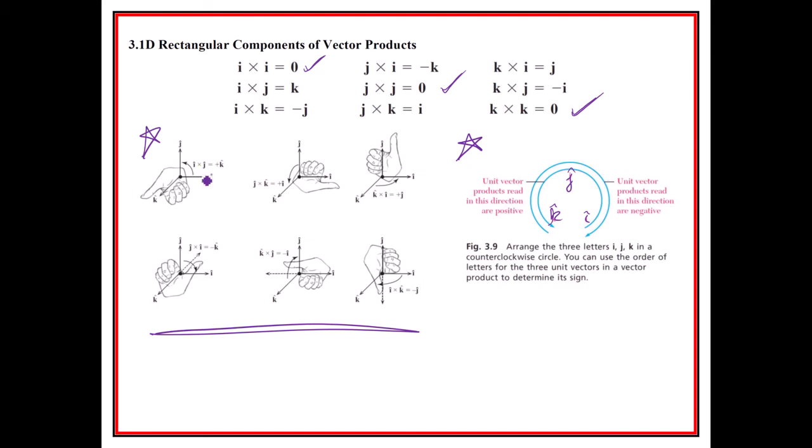But you can see how I crossed into J ends up with a positive K, right? And that shows up right here. J crossed with K right here is a positive I, right? It's pointing towards I. If you take K and you cross it with I, K crossed with I right here is a positive J, right?